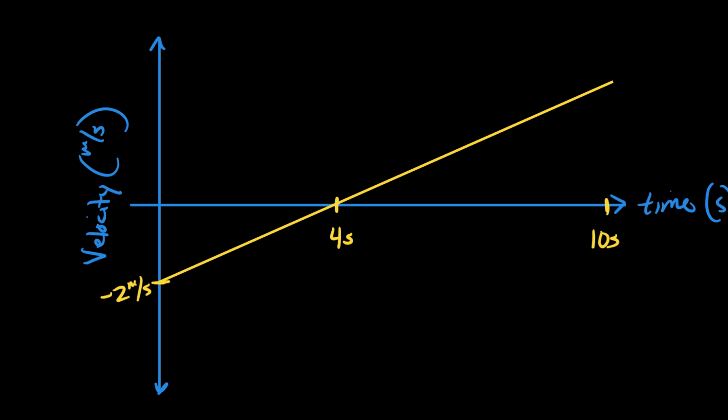Do you understand? Now, eventually, the object does stop and then starts proceeding in the positive direction. So everything on the left side of the line, it's slowing down. Everything on the right side of the line, it's speeding up. But the acceleration is the same value the whole time.